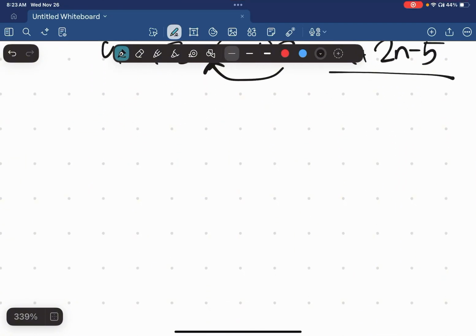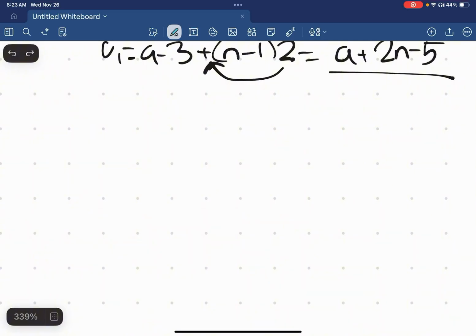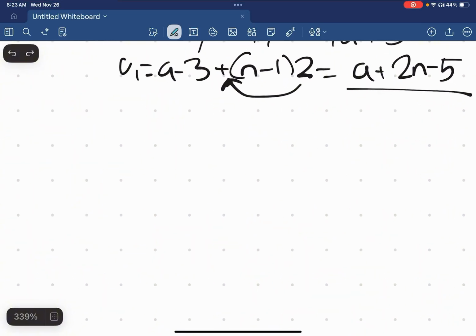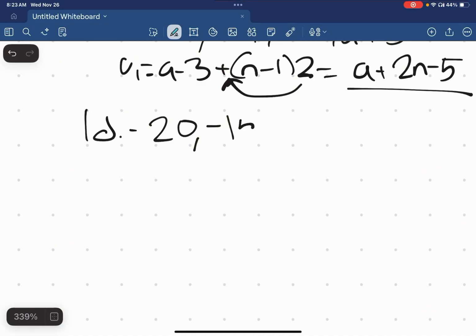Okay, 1d. Let me find a way to get this out of here. There we go. Okay, 1d: negative 20, negative 5, 10, 25.